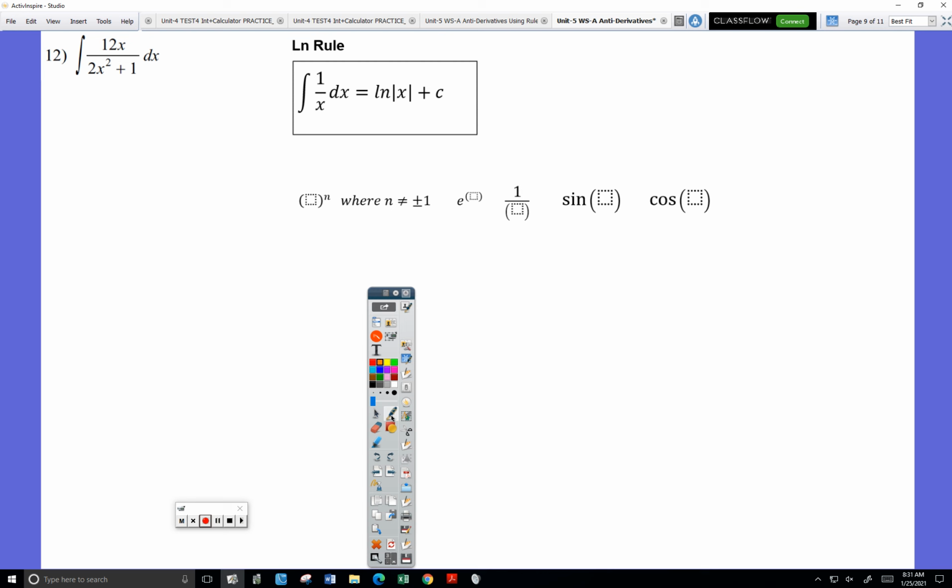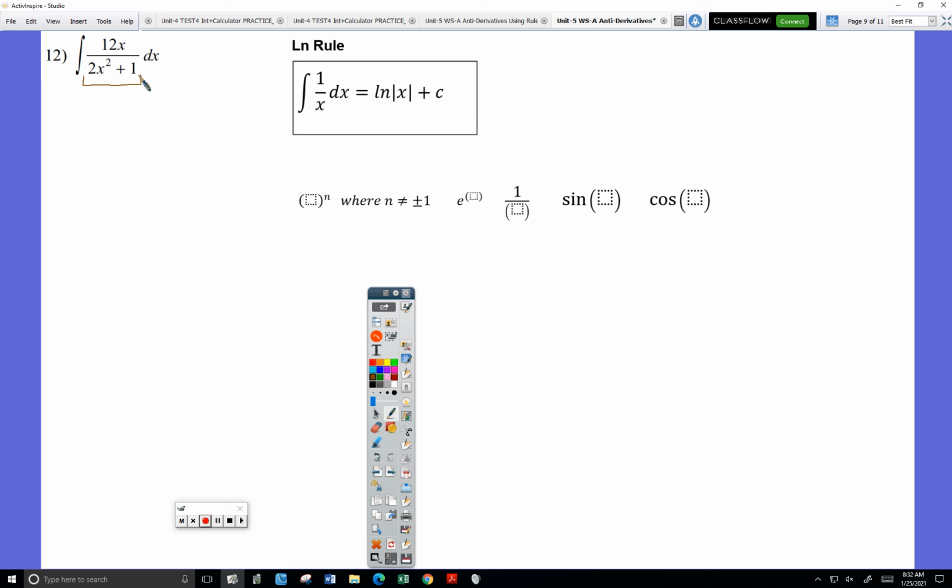So the first thing you're looking for is two functions that are multiplying. If you don't have two functions that are multiplying, you can't do a U substitution. Now there are rare cases where one of the two functions can be a constant. So that kind of implies that pretty much anything will work with U substitution. But it really helps to have that idea of, hey, when I'm doing U substitution, I must be thinking of two functions that are multiplied.